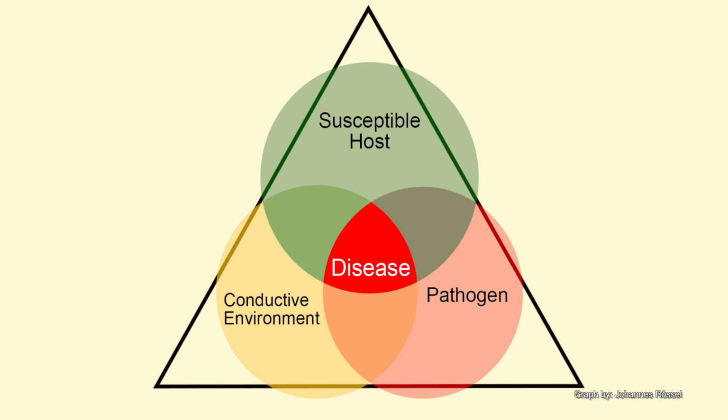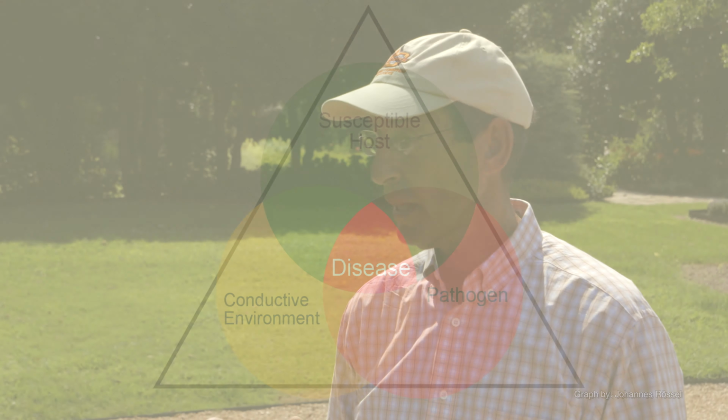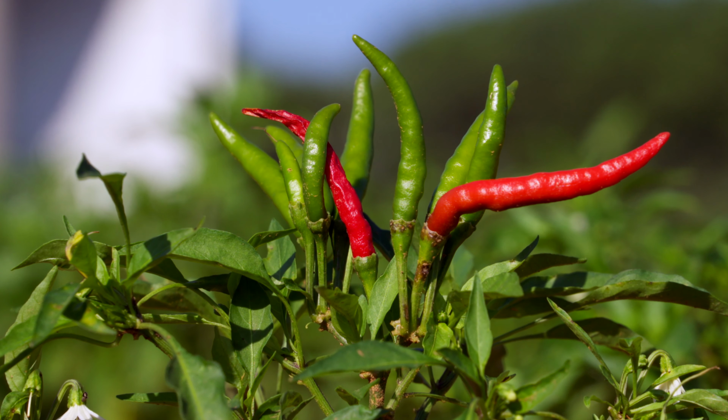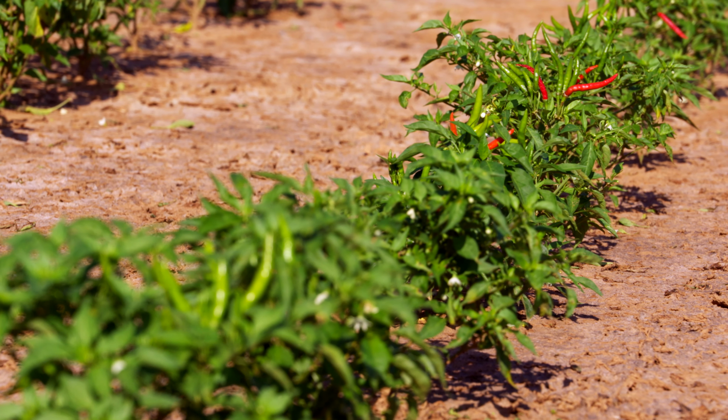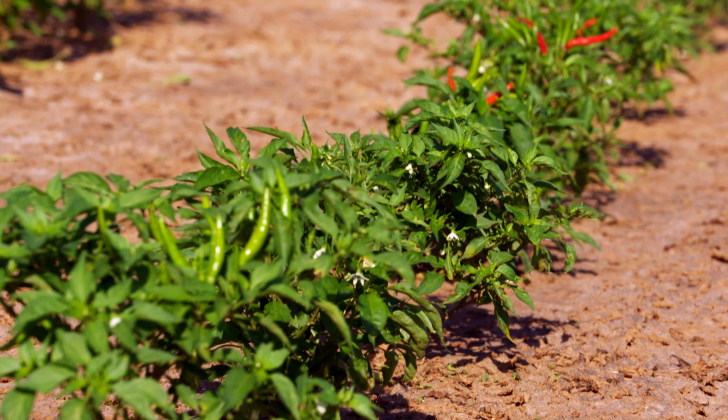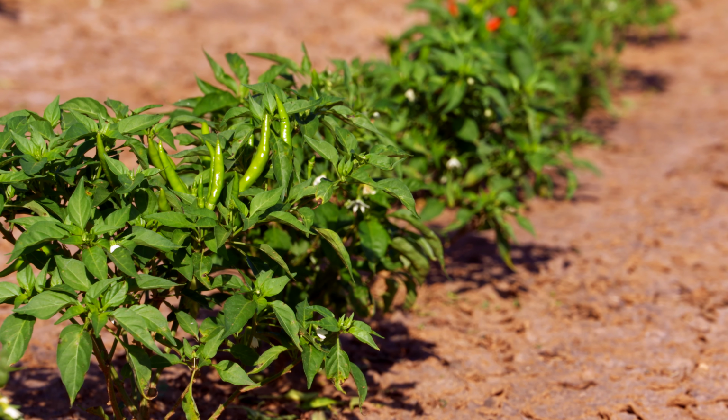And you can use that concept also to explain ways that you can manage diseases or reduce diseases by trying to manipulate one of those corners of the triangle. For example, if you plant a resistant variety, like a pepper plant that's resistant to bacterial spot, you've eliminated the susceptible plant part of it so you don't get disease.